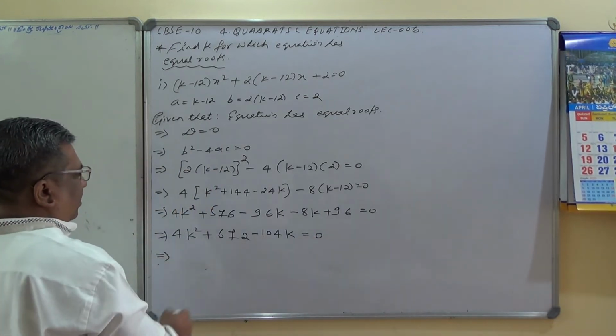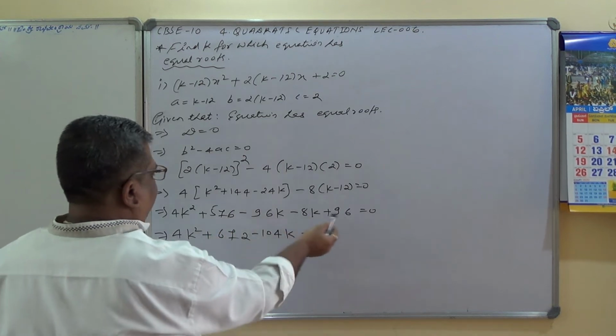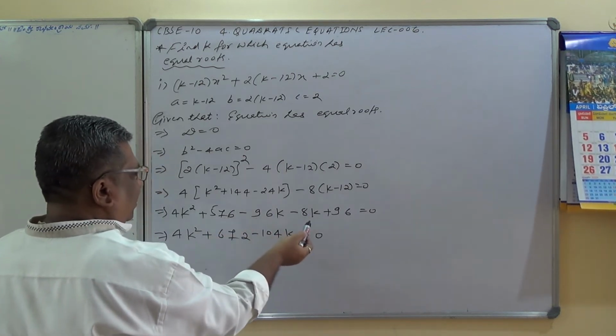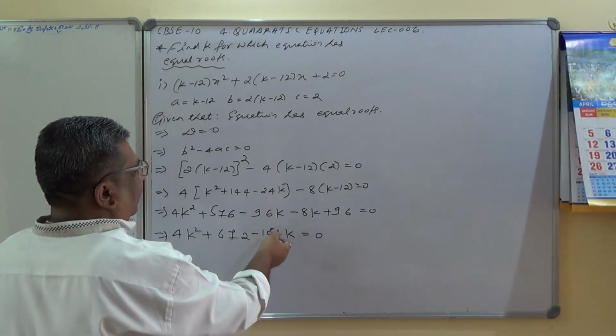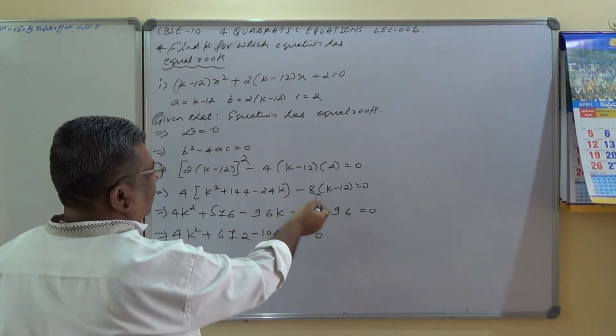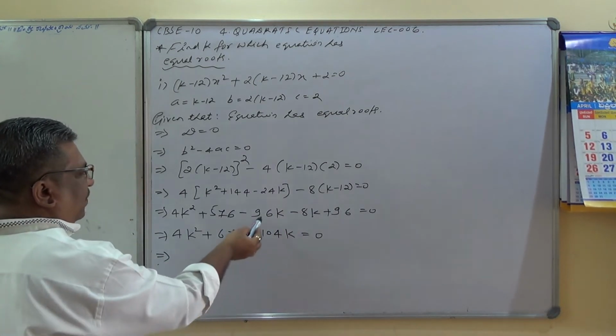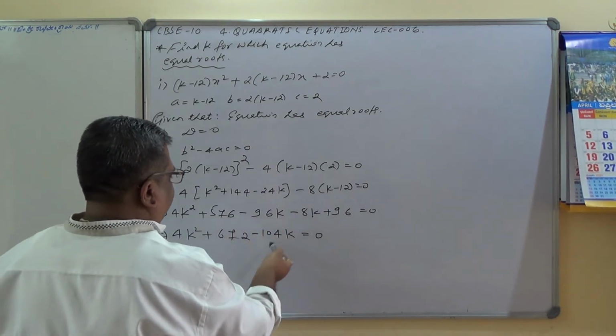So we are getting here 4k square plus 576 plus 96 minus 104k, equals 0. Correct: 96 minus 8k, which is 104k.